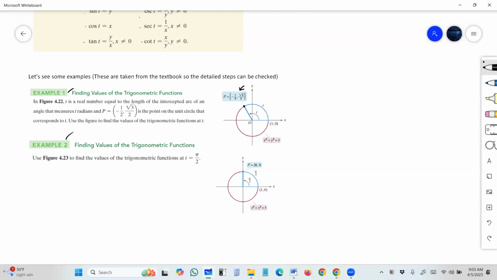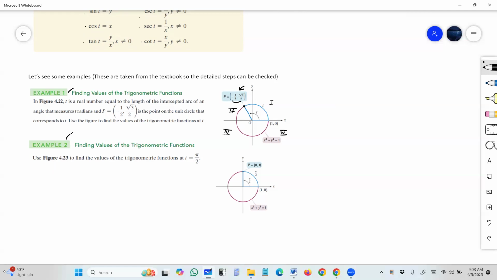So you will be given a point, and in this particular case, the x coordinate is negative, the y coordinate is positive. So obviously this is the second quadrant: first quadrant, second quadrant, third, and fourth. Now we need to know the value.